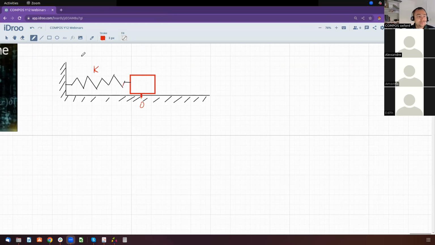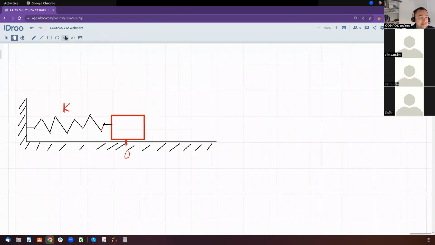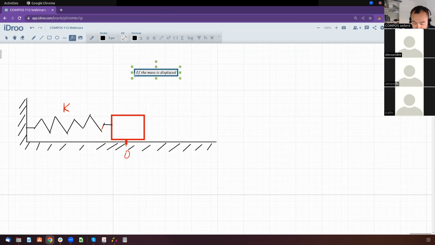This is the restoring force. If the mass is displaced, there will be a restoring force that will push it back to equilibrium.